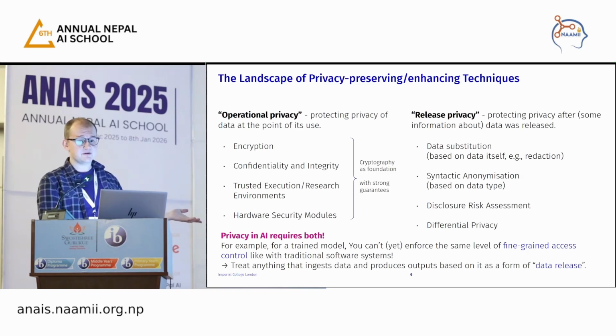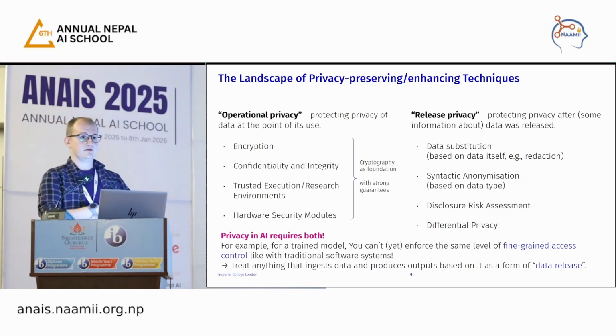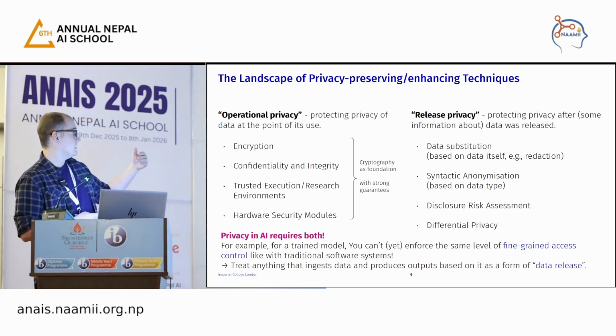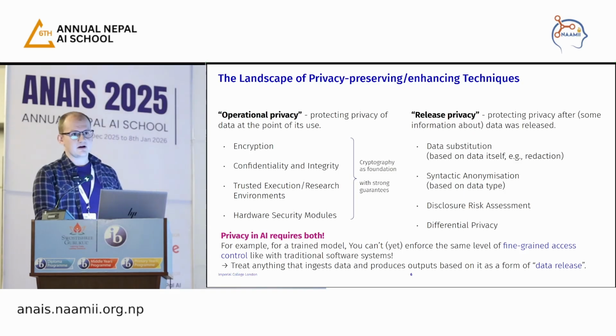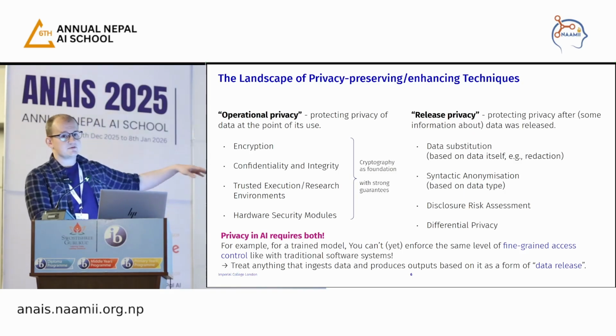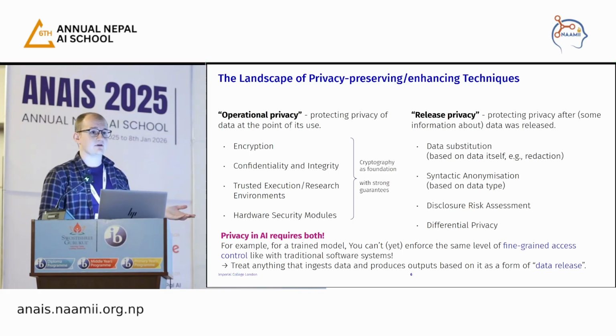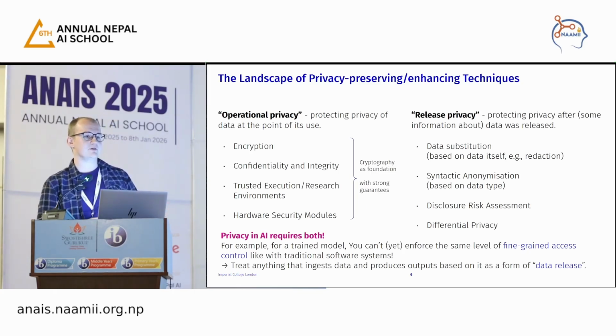So that's data substitution. You might do this kind of substitution not based on the data, but rather based on the way the data looks. So this would then be called syntactic anonymization. We're going to look at an example of how that looks, which typically makes sense for structured data, right? There are disclosure risk assessments, which is a method that has been around for a while, where you release the data and then have a look at what happens, like how likely is it that we disclose any information that was not intended to be disclosed, and then you adjust the release until the likelihood is low enough that you can stomach it.